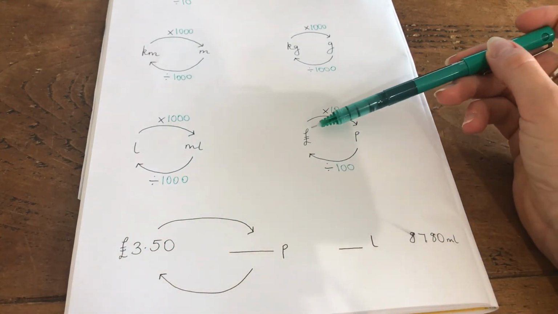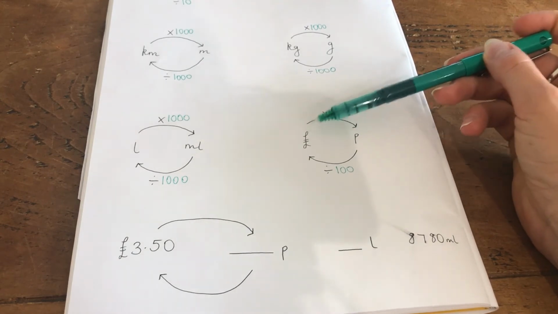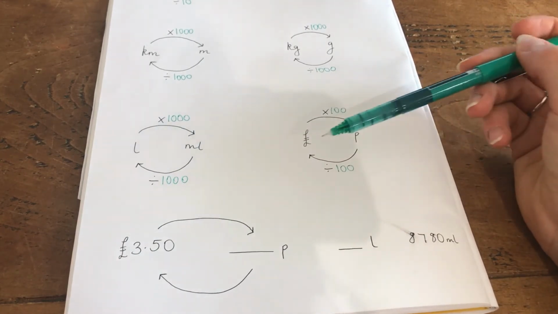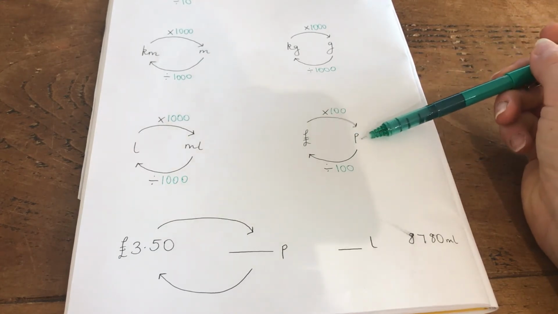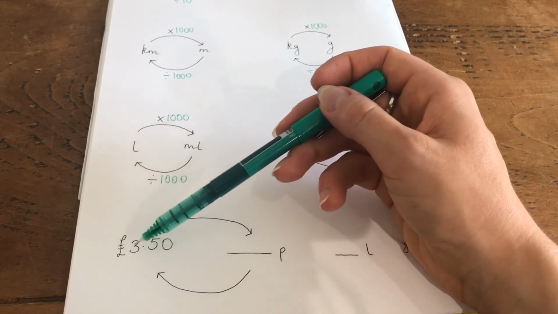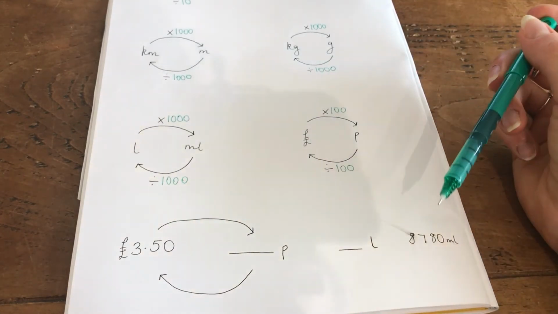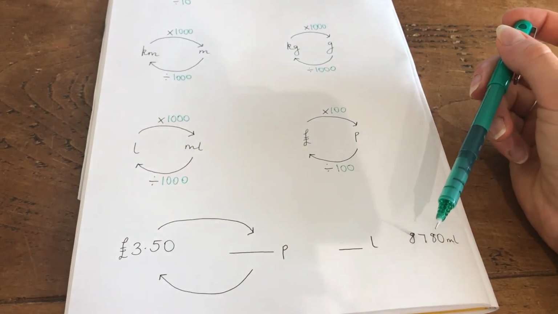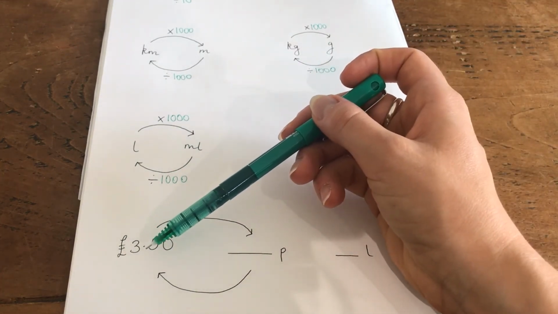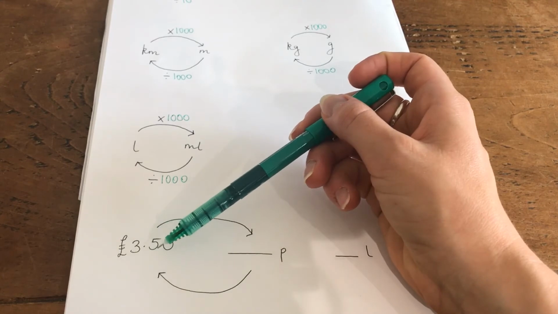We're starting with the pounds. To get to the pence, we multiply by 100 because every pound has 100 pence. So we need to know how many pence there are in £3.50. So what is £3.50, or 3.5?